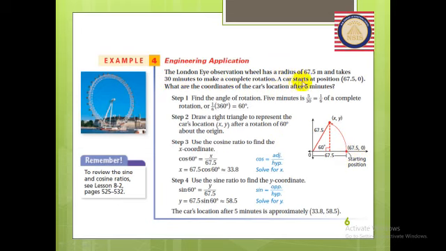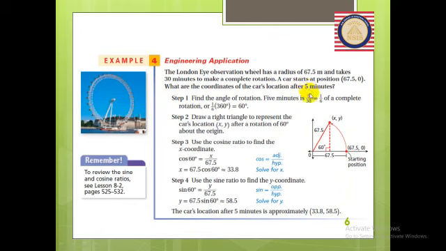A car starts at position 67.5 and 0. This is the ordered pair of the position of the car. What are the coordinates of the car's location after 5 minutes? A whole rotation back to the starting position takes 30 minutes, but here it tells me after 5.